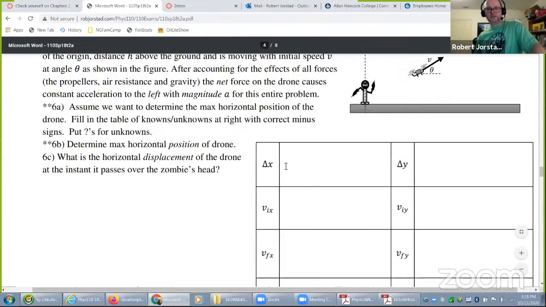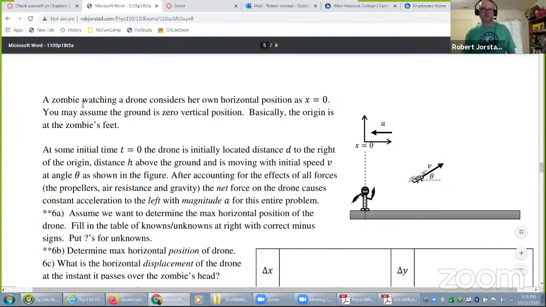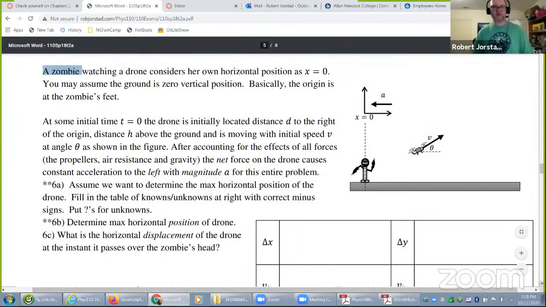Okay, so I think you guys could do that one. Ooh, this one looks good. I like this already. Some kind of evil skeleton zombie. Ooh, a zombie drone. You know we've got to look at this one. If you've got zombies and drones, how bad could it be? How could this problem possibly be bad?